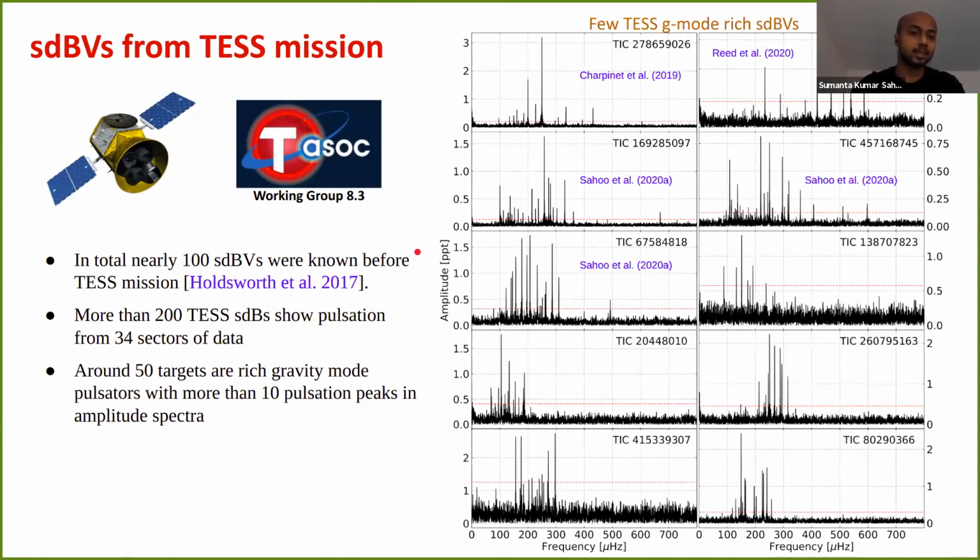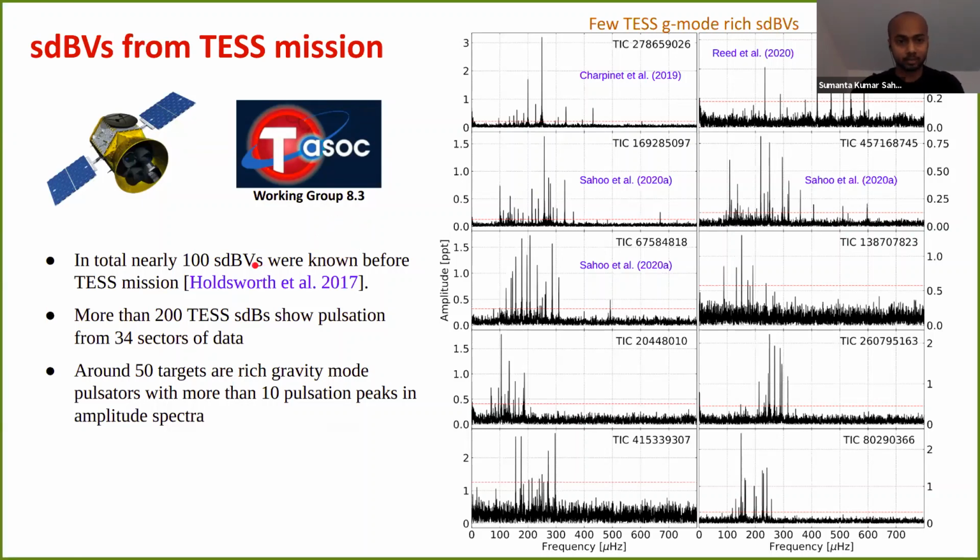In this case, space missions like Kepler, K2, and TESS are very useful and have provided a lot of targets with gravity modes. For the TESS mission with the HDB stars, there is a task group which works with the TESS short cadence data in group 8.3.